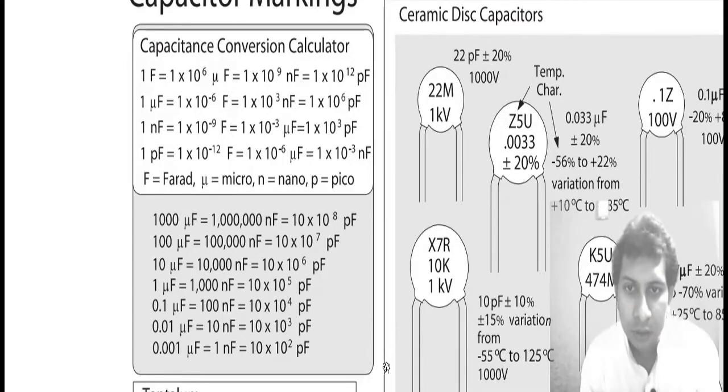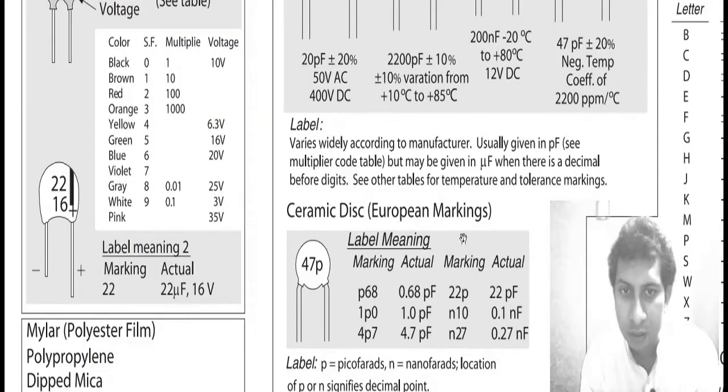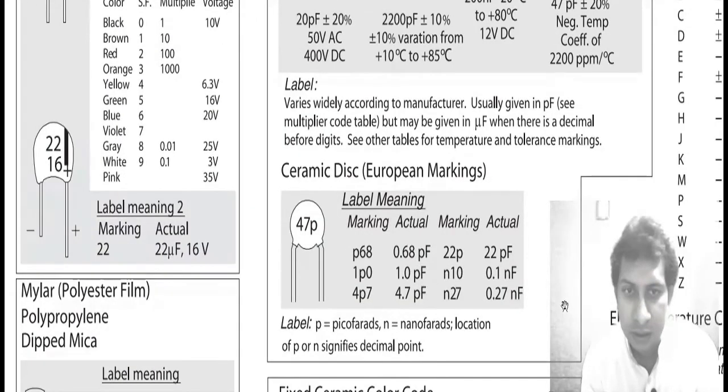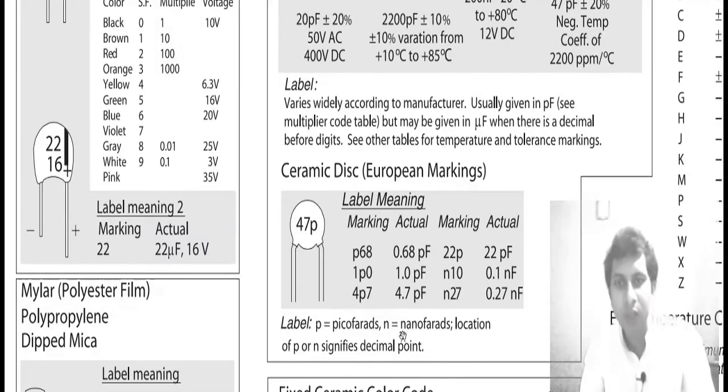Now we will take care of the ceramic European marking. Somewhere you also find this 47P. This P stands for picofarad. Somewhere you will find N, which stands for nanofarad, and the location of P and N signifies the decimal point.